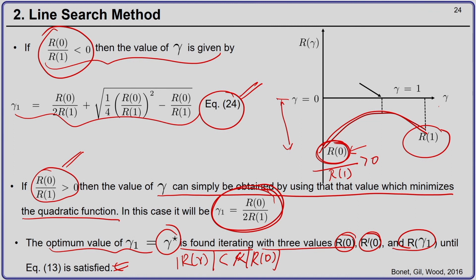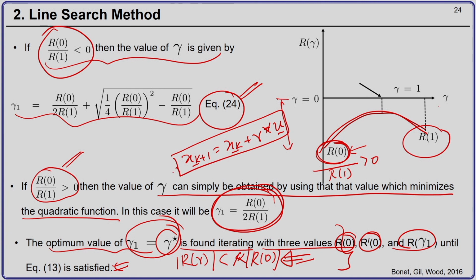So, you have to carry this out iteratively till you have found the particular value of gamma, that is gamma star, for which equation number 13 is satisfied. If you have found that value where this equation is satisfied, you take that value of gamma, calculate your residual, and your solution x k plus 1 will then be x k plus gamma star u. That is how, and then you can proceed to the next Newton-Raphson iteration step. Okay. Thank you.